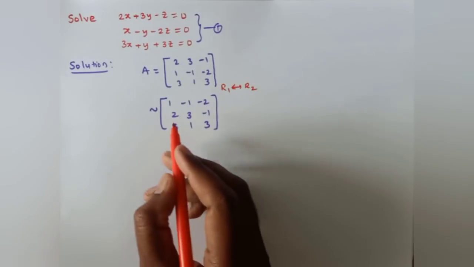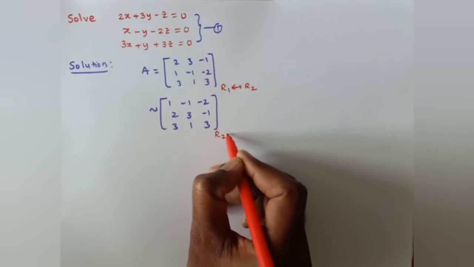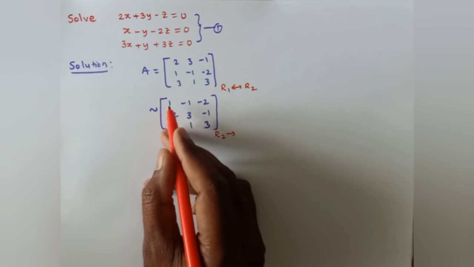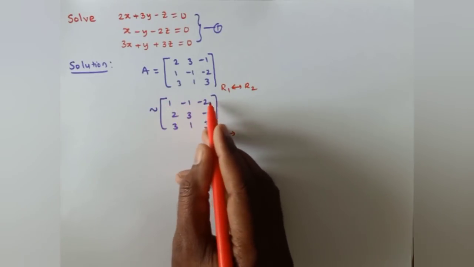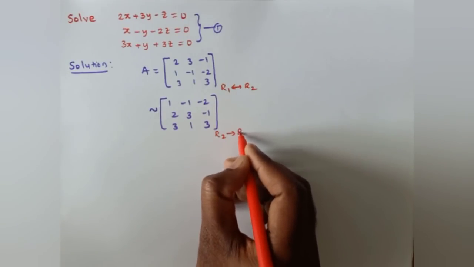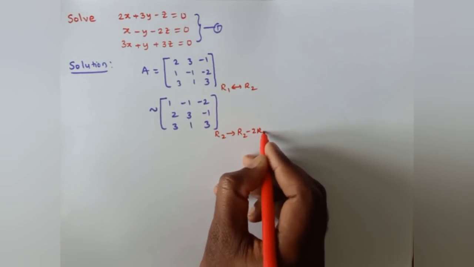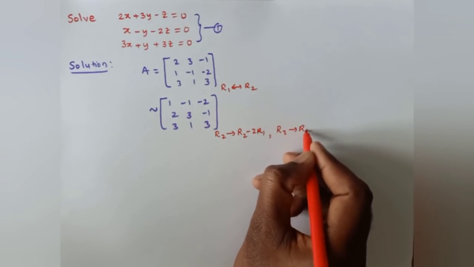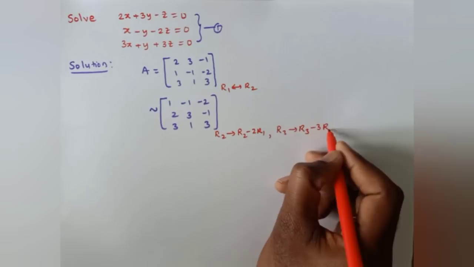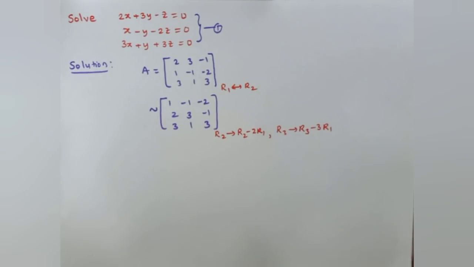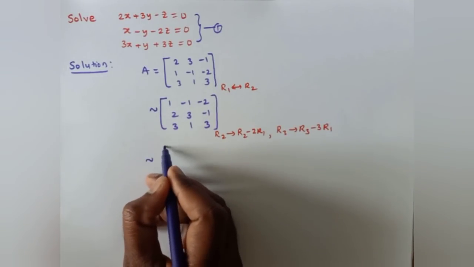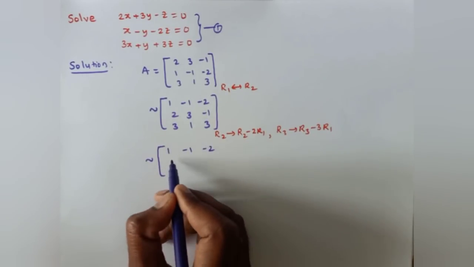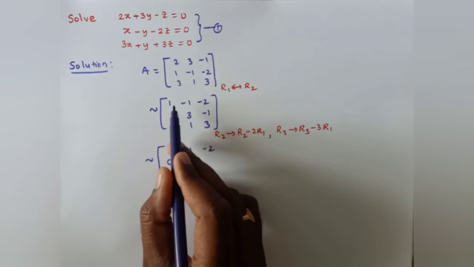Now apply the row operations for rows 2 and 3: R2 minus 2R1 and R3 minus 3R1. Therefore the resultant is equivalent to 1 minus 1 minus 2, and 0 since 2 minus 2.